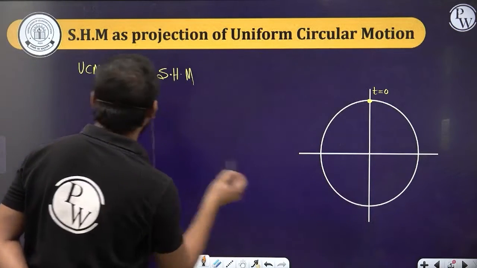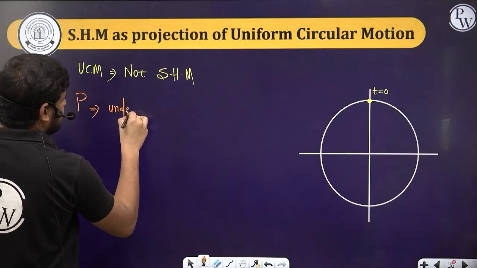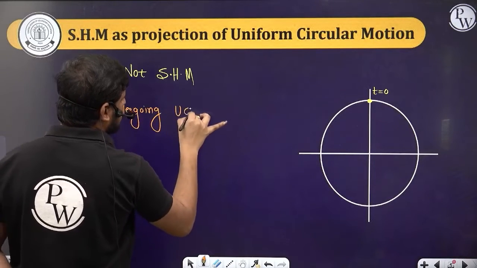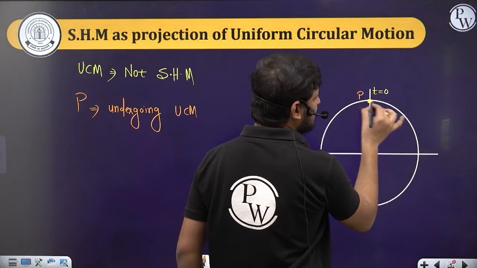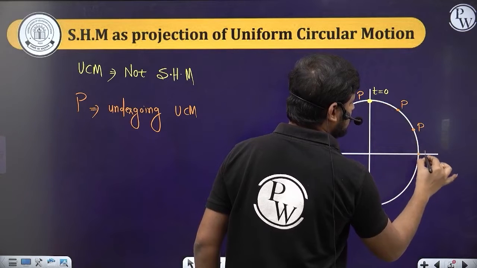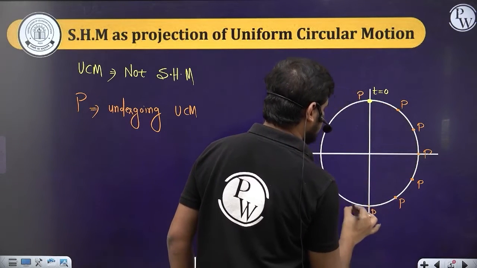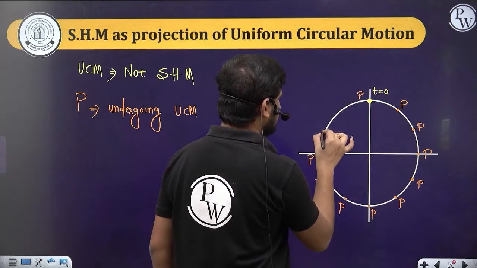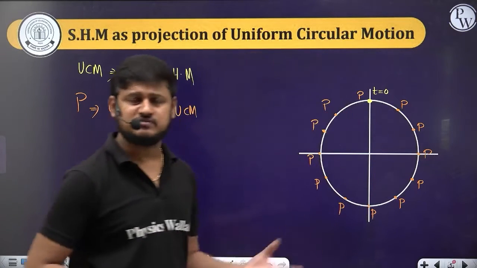So this particle P is moving from here to here, and then here, and then to this place, and to this place. It's covering equal distances in equal intervals of time in the circular path. That's called uniform circular motion, right?